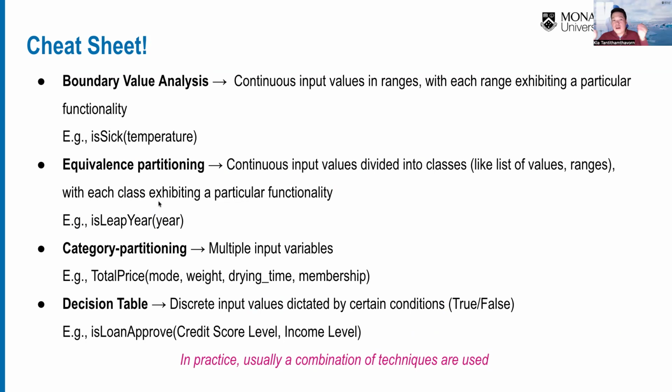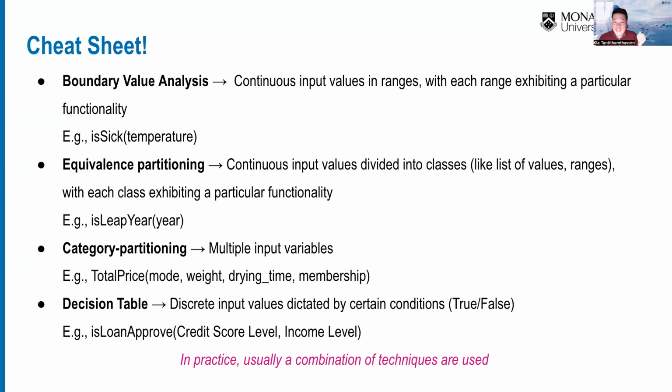But when you have multiple input variables, you need to apply category partitioning. For example, this is the dryer time, right? You want to calculate the total price based on whether it is eco mode or power mode, and how much weight your clothes are. 20 kilograms surcharge, less than 20 kilograms, there's no surcharge. How long is the drying time?